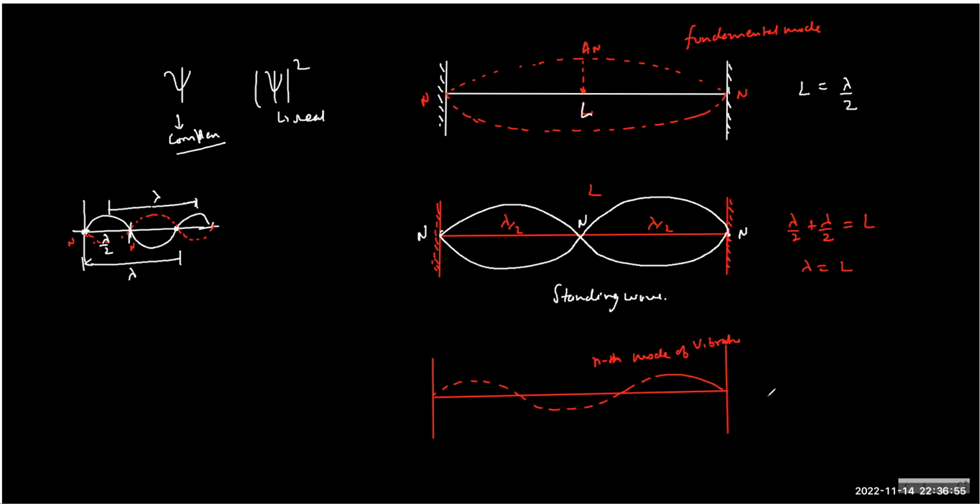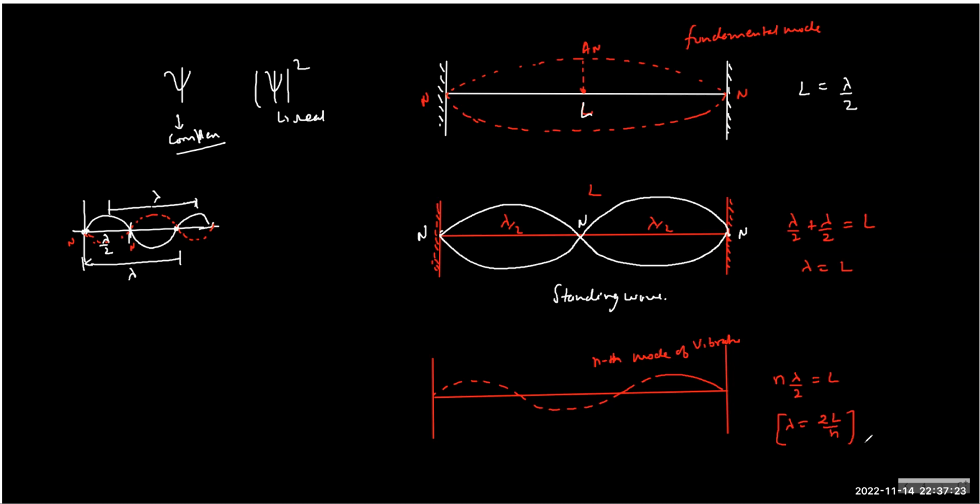So the nth mode of vibration will give you n loops, and every loop is of what length in lambda? Lambda by 2. So n lambda by 2 equals L, and therefore lambda equals 2L by n. Understood?